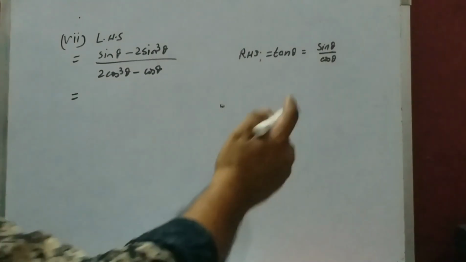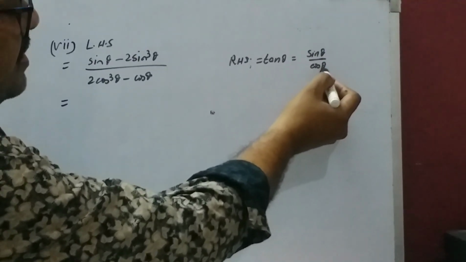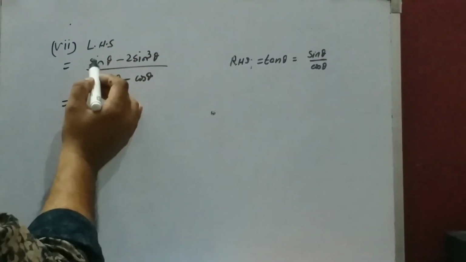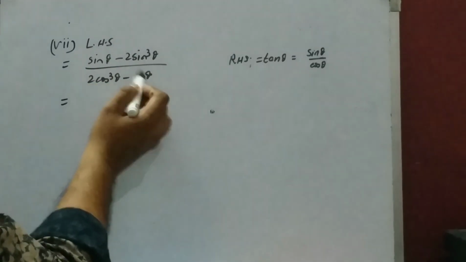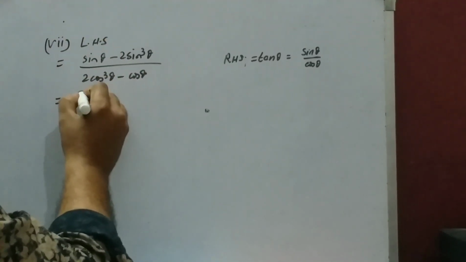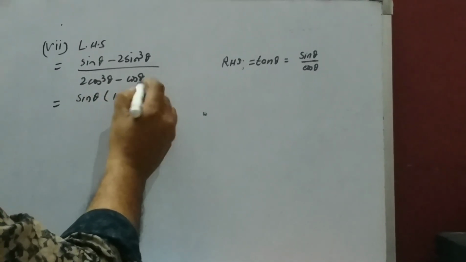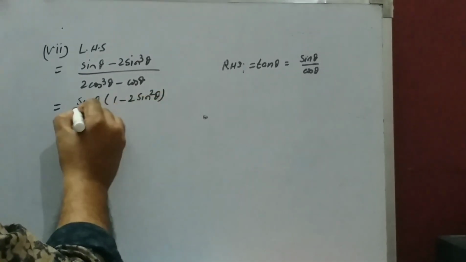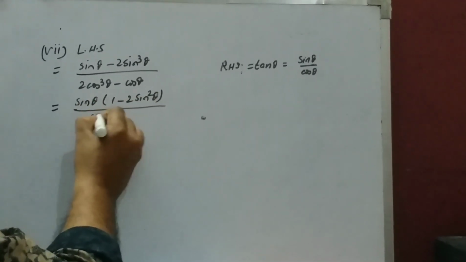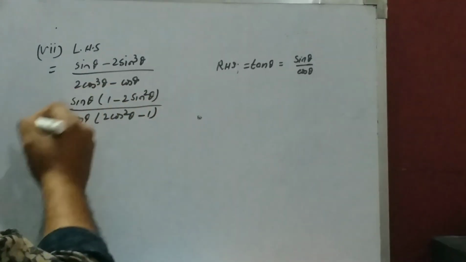And in the RHS, you are getting sine in the numerator and cos theta in the denominator. So you will take common sine theta from the numerator and cos theta from the denominator. And this is sine theta times 1 minus 2 sine square theta. And this is cos theta times 2 cos square theta minus 1.